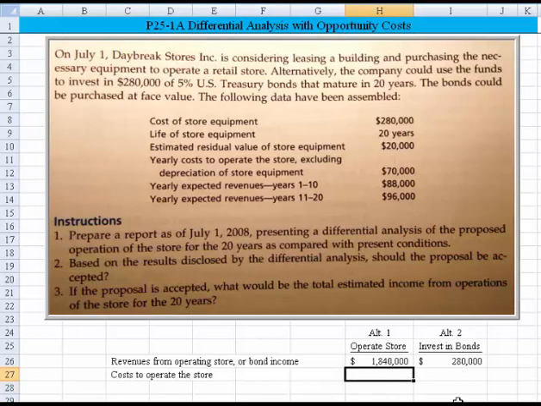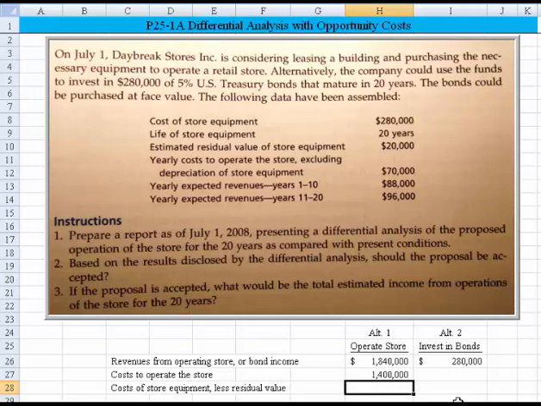Okay, and what we know is the cost to operate the store are $70,000 times 20 years. So we've got $1,400,000. And then we would also have the cost of store equipment less residual value at the end of the 20 years.